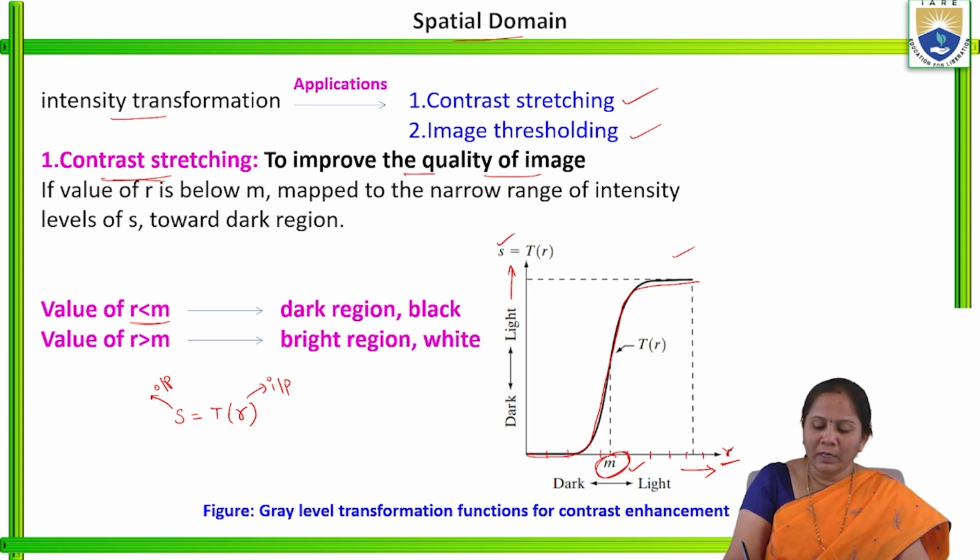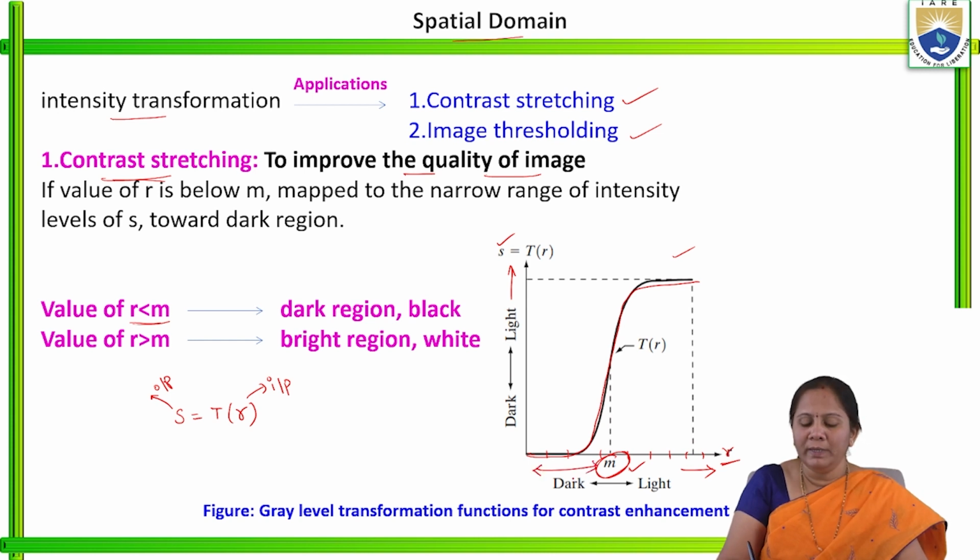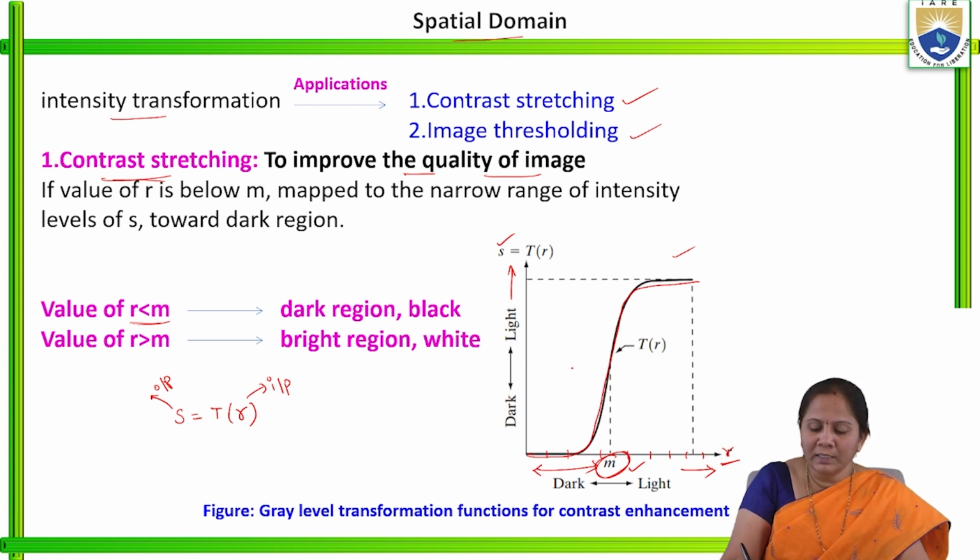Okay. So considering the value of M, if the value of R is less than M, the R value will be lying somewhere here in this region, and here is the M. If you consider from here up to here, it will be represented like this, and this region is called the dark region.